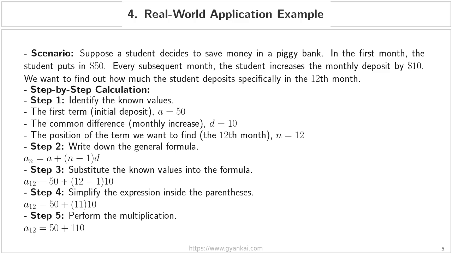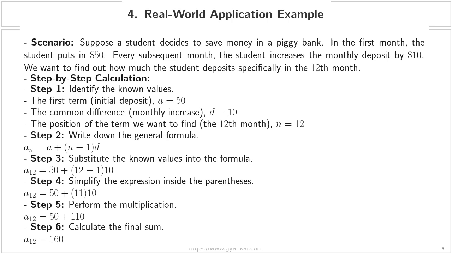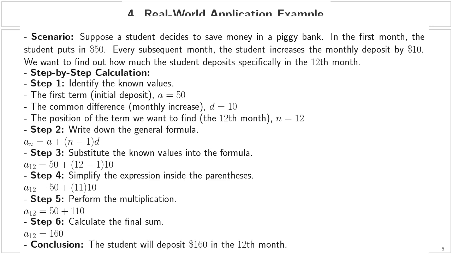Step 5, we perform the multiplication. 11 times 10 is 110. Step 6, finally, we calculate the final sum. 50 plus 110 equals 160. In conclusion, by using the formula, we can see that the student will deposit $160 in the 12th month.